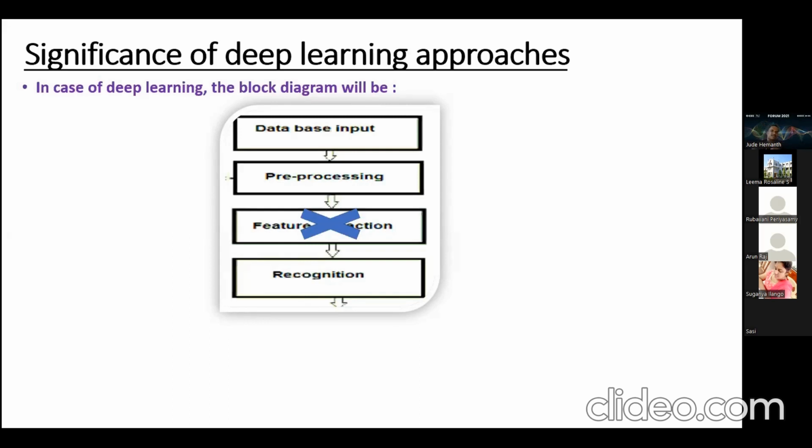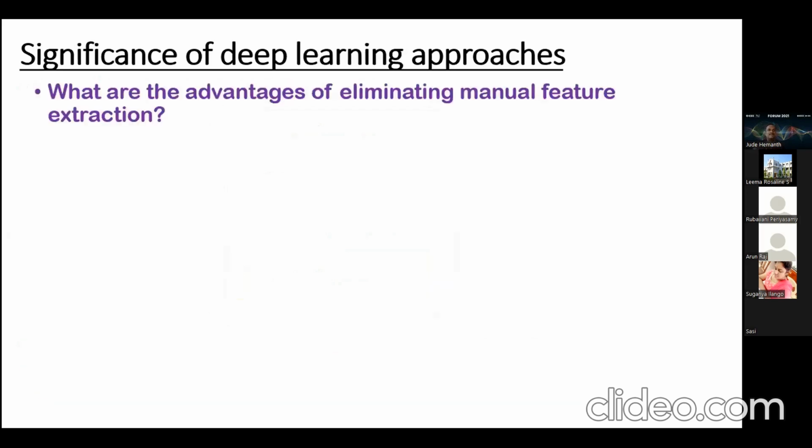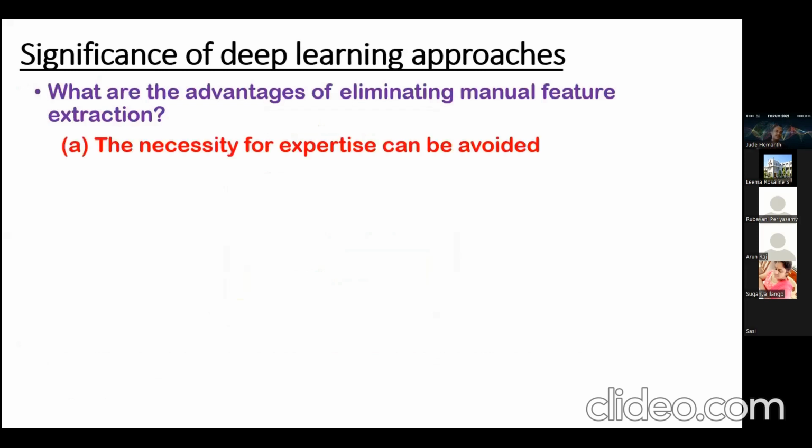Now the question is, is it really necessary? Why should we go for that? Or I can ask, what are the advantages of eliminating the manual feature extraction process? The first one is the necessity for expertise can be avoided.